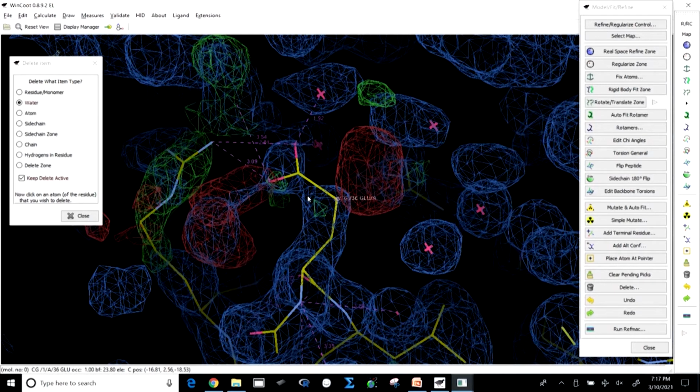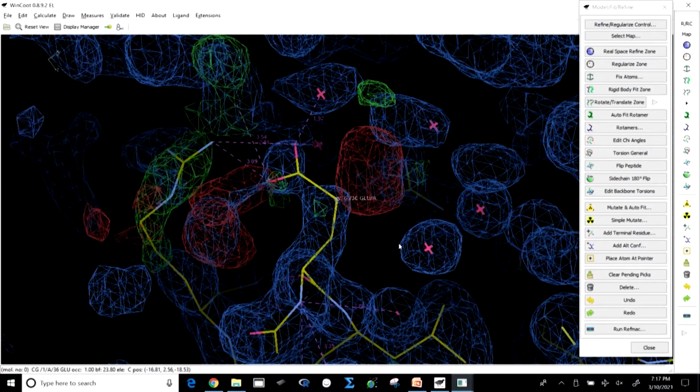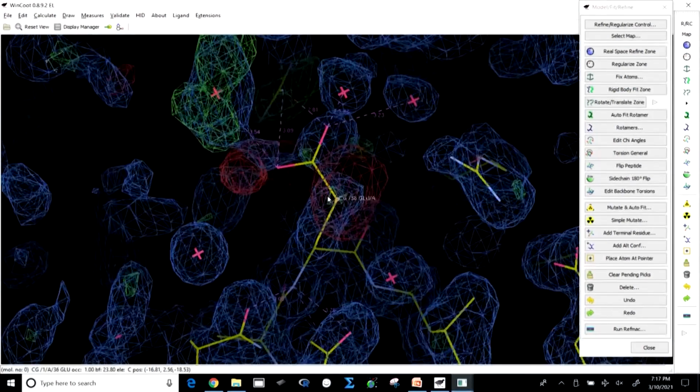The more you perform refinement, the better electron density you start to get.